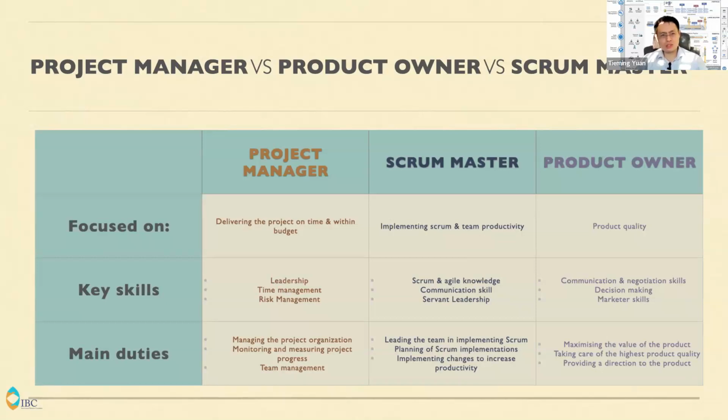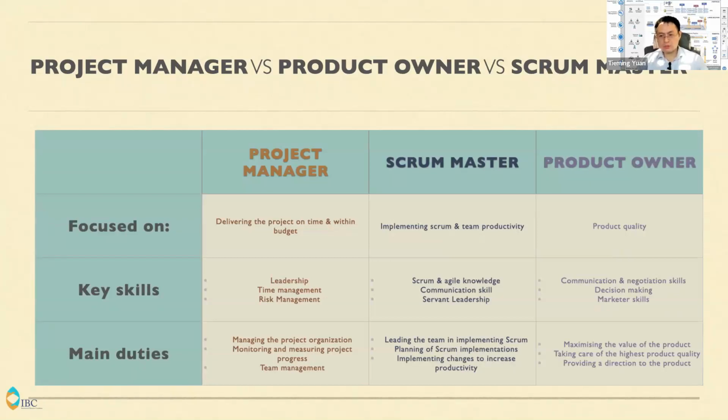Decision making is needed to decide which features, which user stories, I want to complete, because they are of the highest value to the customers. That's what the product owner thinks of. And of course, marketer skills, convincing.